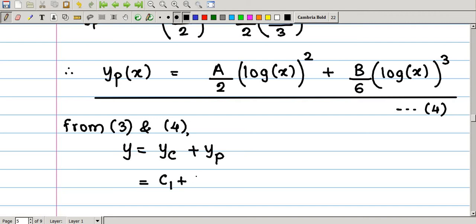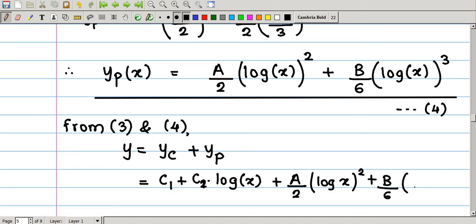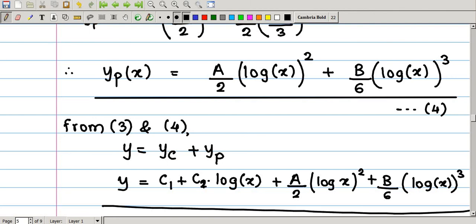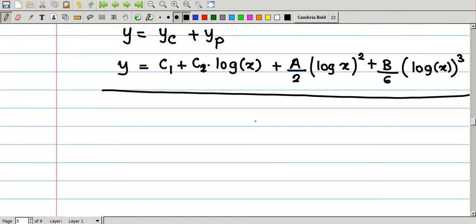Now we substitute yc as c1 plus c2 log x, and yp is a upon 2 into log x square plus b upon 6 into log x cube. This will be the general solution. This is our required general solution. I hope you have understood this.